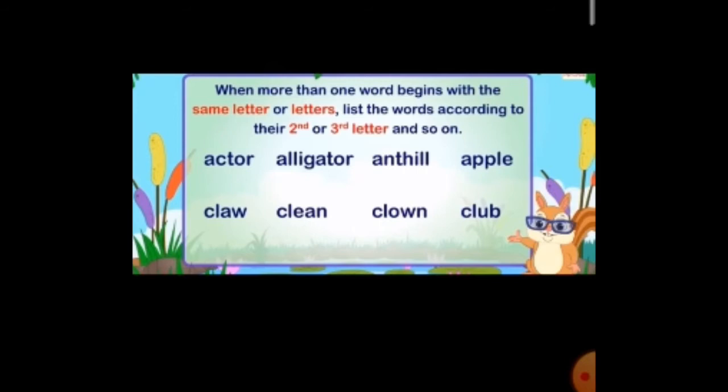The first letter is A. So we have to arrange these words according to the second letter. The second letter of actor is C. The second letter of alligator is L. The second letter of anthill is N. And the second letter of apple is P. So these words are arranged according to the second letter in alphabetical order.